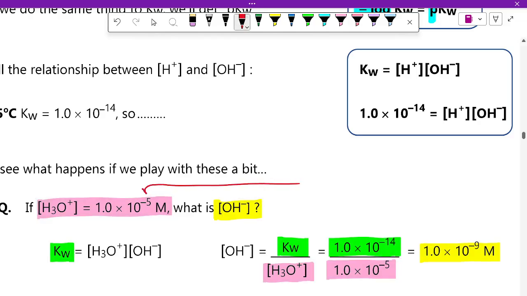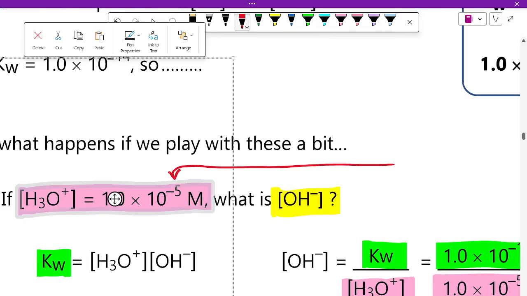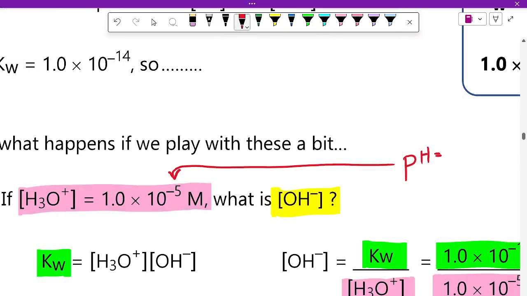If we have 1 times 10 to the negative 5 hydronium, pH would be 5. And if it's 1.0 times 10 to the negative 5, it would be 5.0. Uh-oh, 5.00. 2 sig figs.